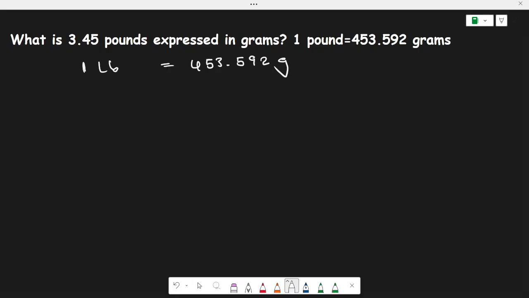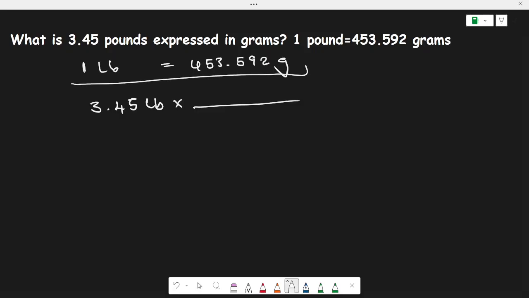So now we have 3.45 LB for pounds, and we want our answer in grams. So what we don't want should be on the bottom from the conversion factor. Okay, so this is what we don't want.